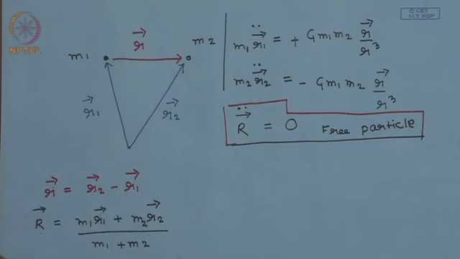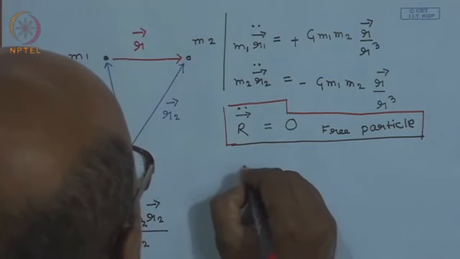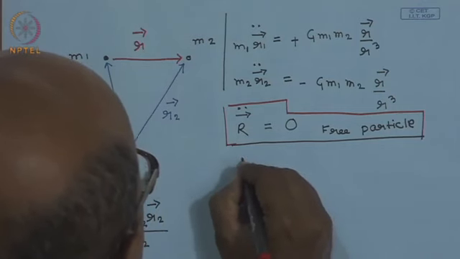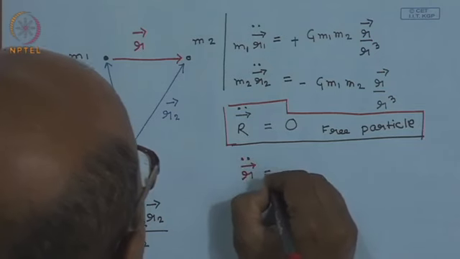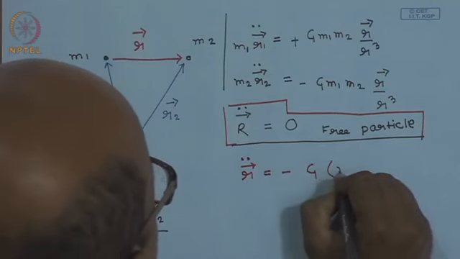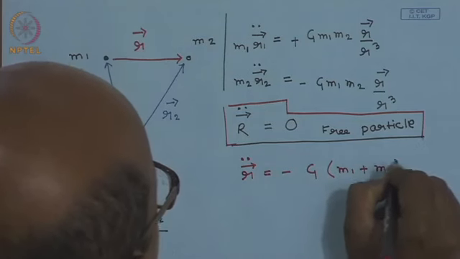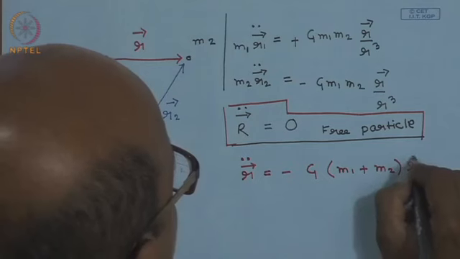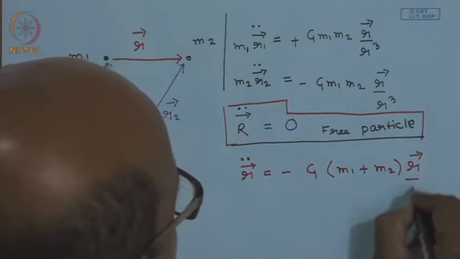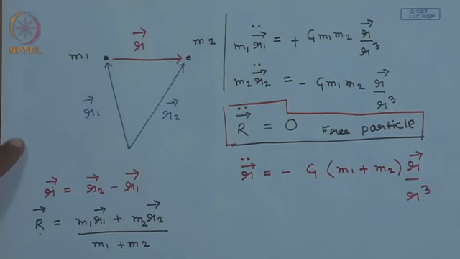And what do you get? What you get is that r double dot is equal to minus G (m1 plus m2) r by r cube. That is what you get.